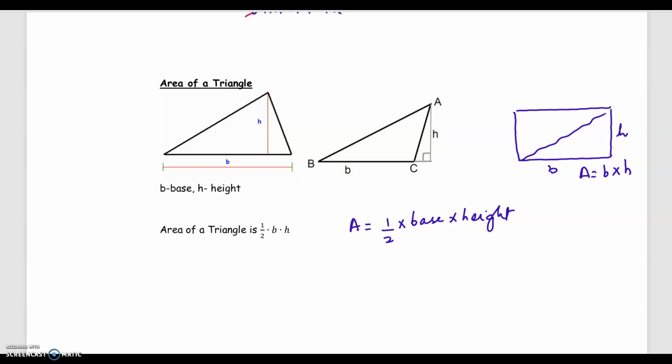Now if I draw a line through it, it's two triangles and they're both of equal area. So that's how you could remember the area of a triangle is half of that of a rectangle. Half times base times height.